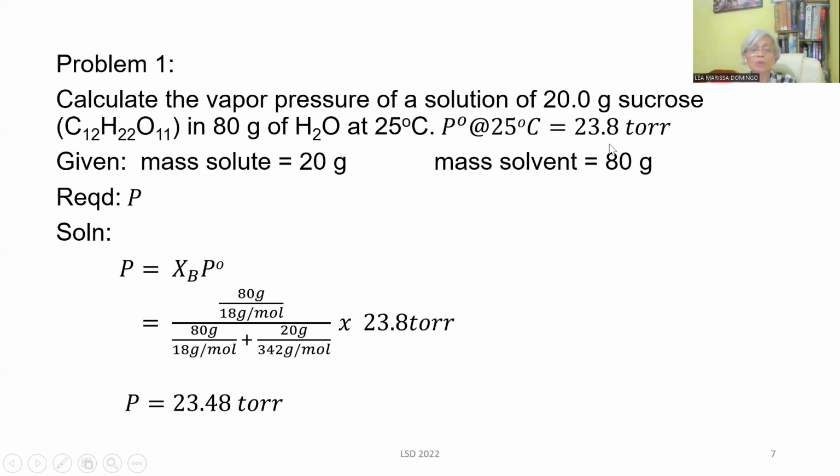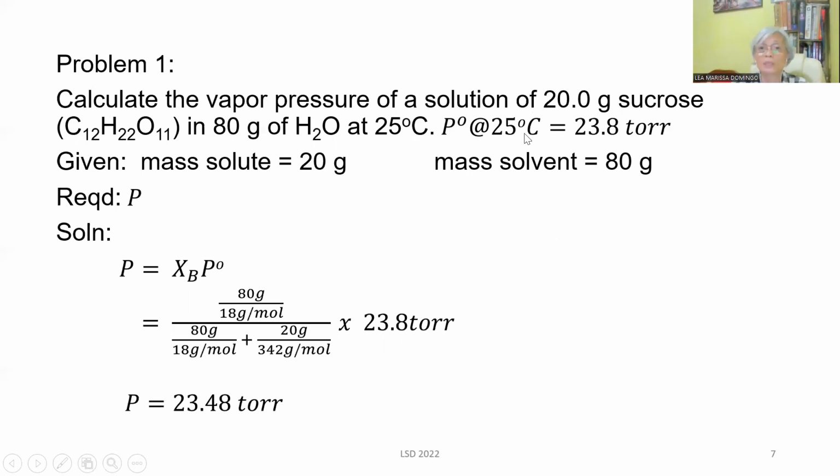So merong table talaga na nagpapakita ng mga vapor pressure ng mga solvent. Hindi siya universal constant na like yung gravity, no? Ito constant per material. So for water, the vapor pressure at 25 degrees Celsius is 23.8 torr. Okay, so very dependent yan natin sa temperature, no?